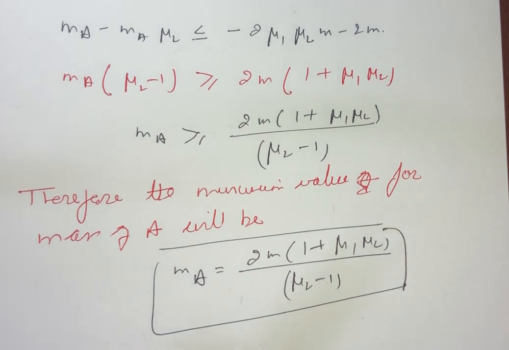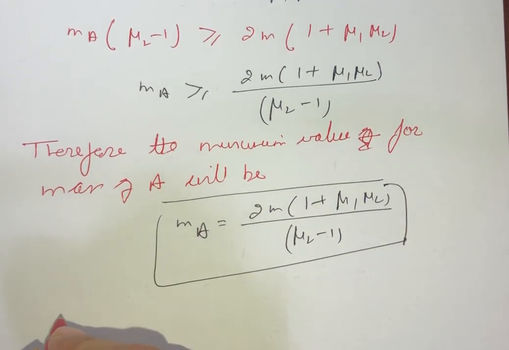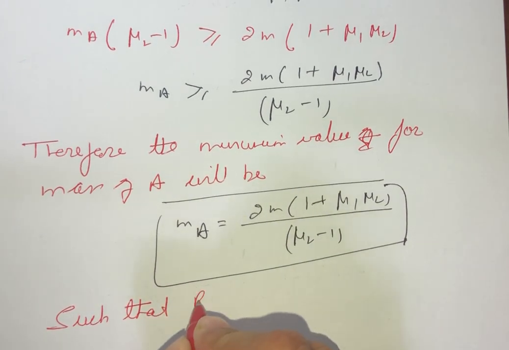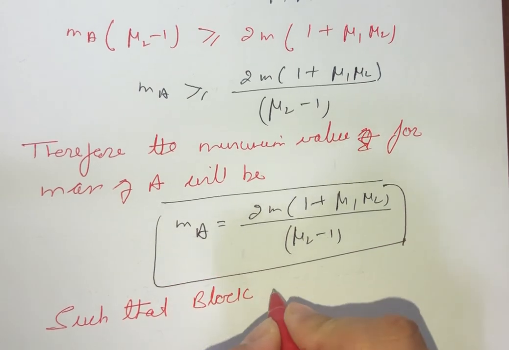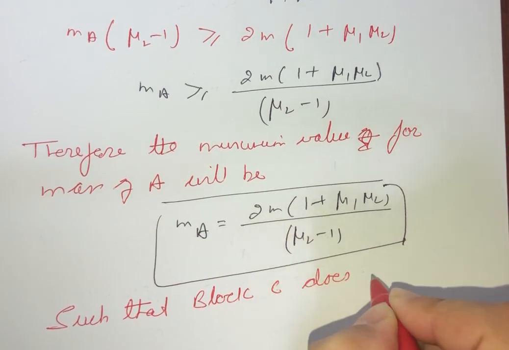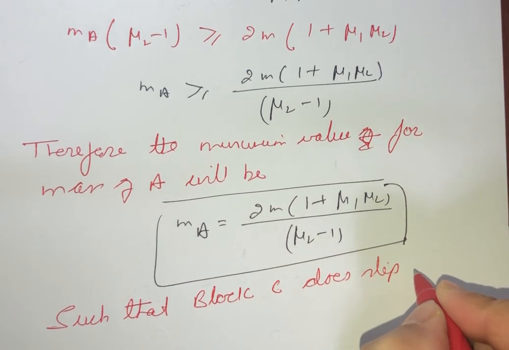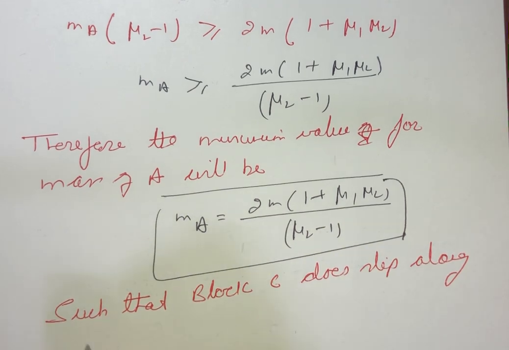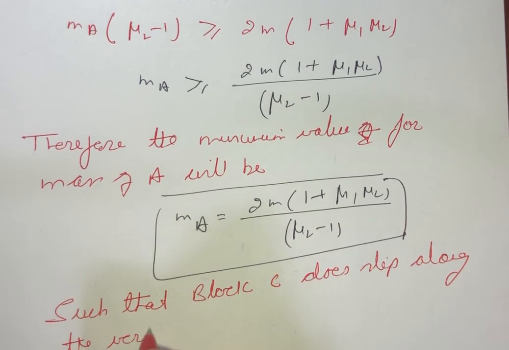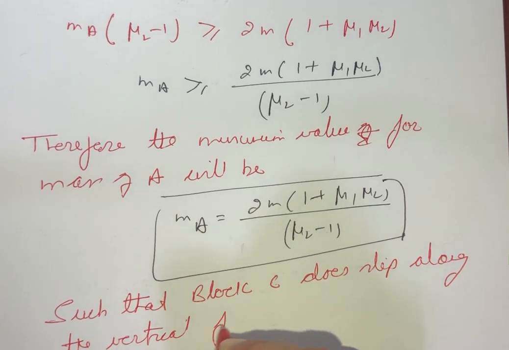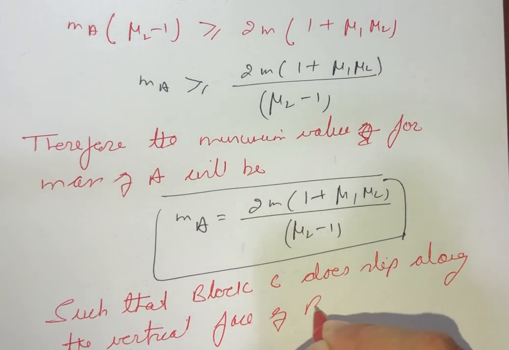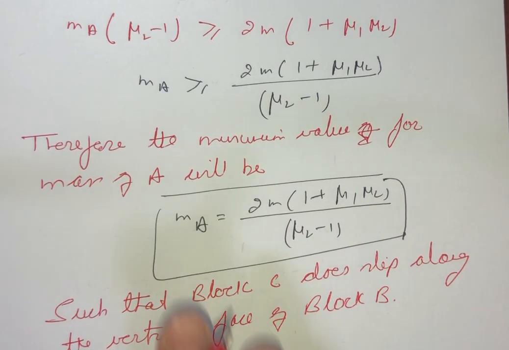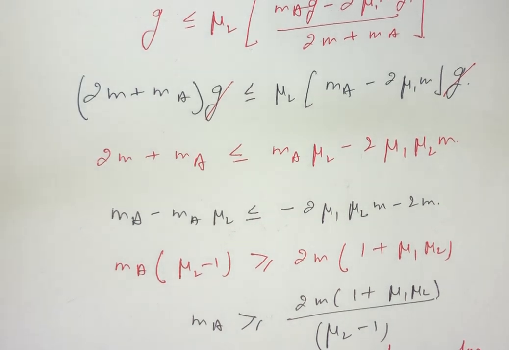Okay. Such that block C does not slip along the vertical face of block B. So this is the complete answer.